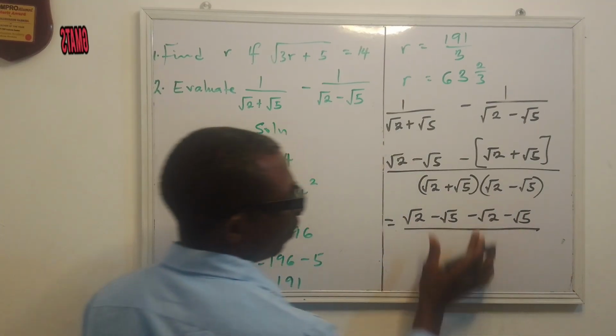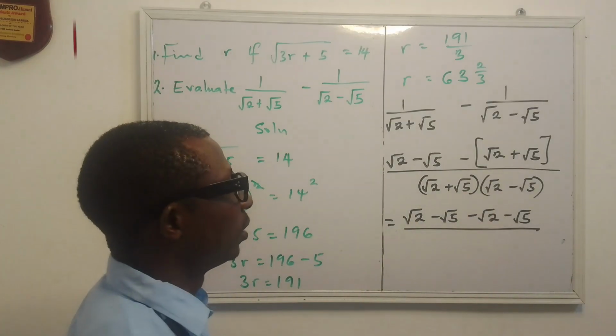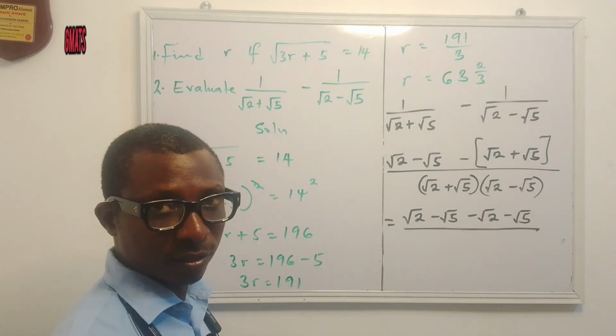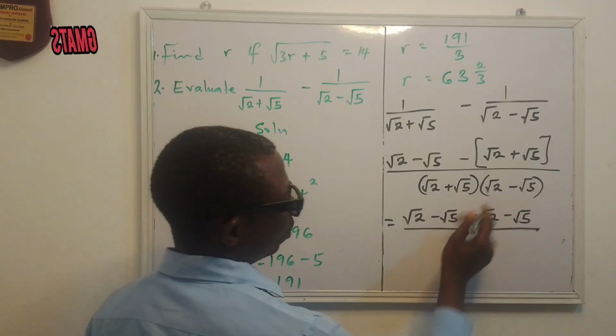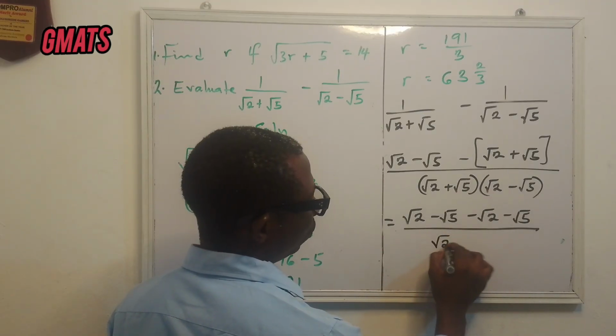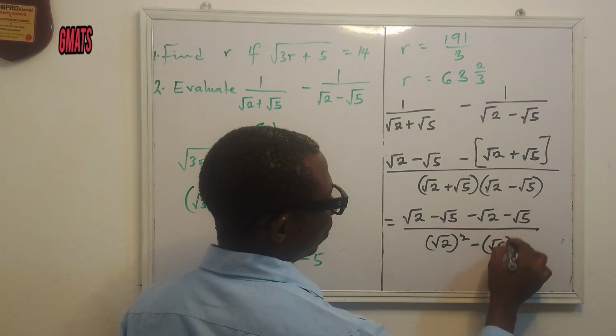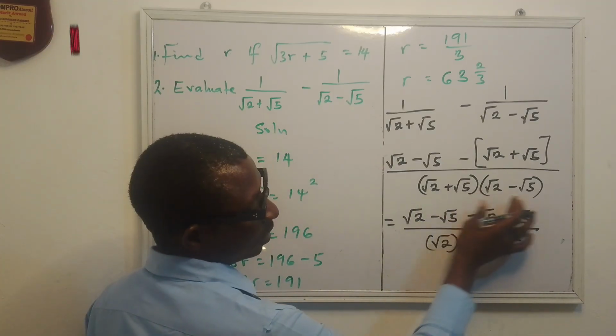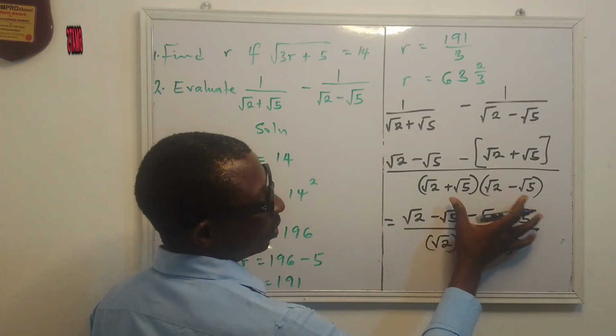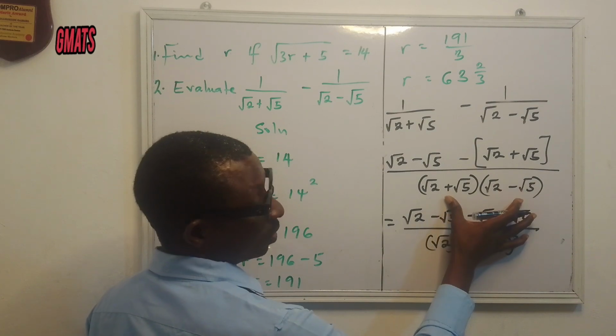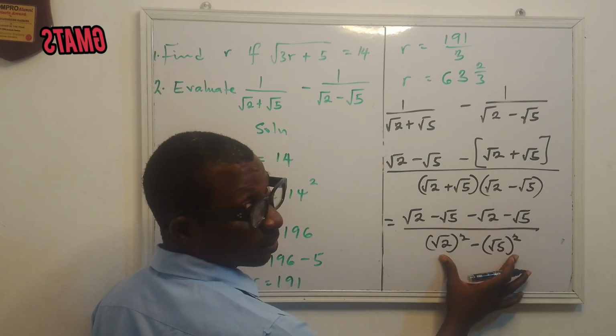Everything all over. Now when you look at the denominator, the denominator we have here is difference of two squares. So this turns to square root of 2 squared minus square root of 5 squared. Okay, since they are the same thing and they have opposite sign, this expression we have is the same thing as this.